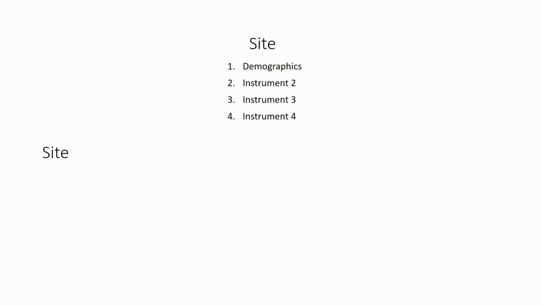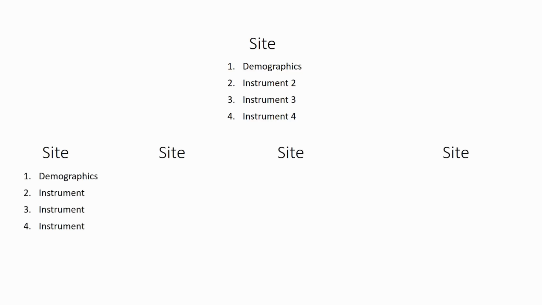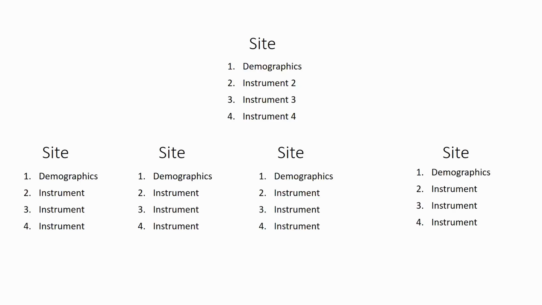But so the situation would be, if there are these other sites, site 1 has a demographics form and they have some instruments, and the other site has a demographics instrument and they have their own instruments.